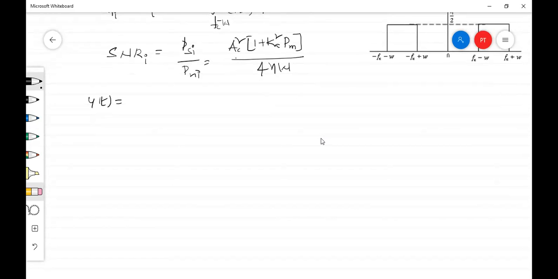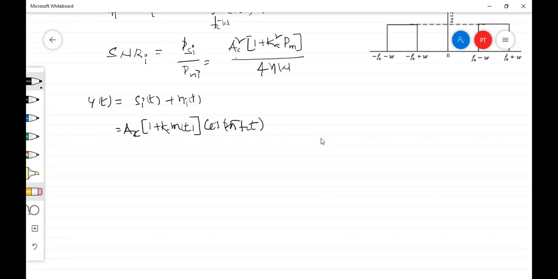It is equal to signal, that is Si of t plus Ni of t, that is AC into 1 plus Ka into M of t into cos 2 pi FCT plus NC of t cos 2 pi FCT minus ns of t.